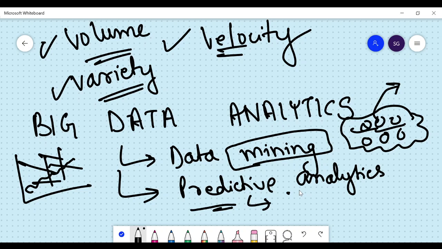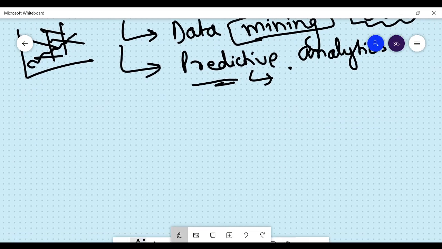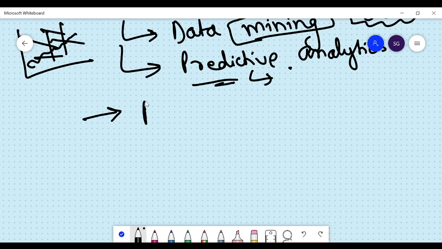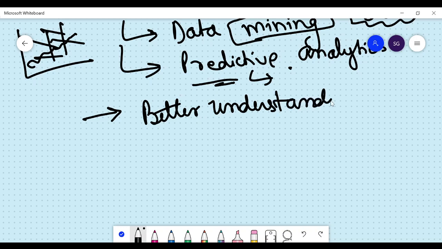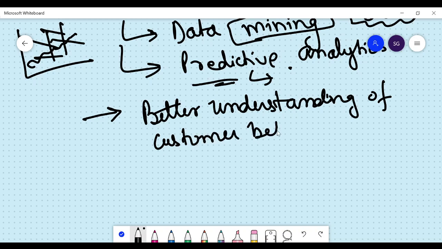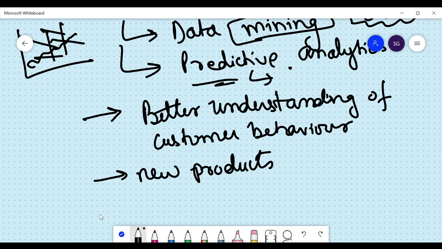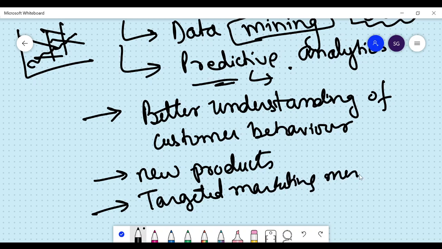Therefore, big data analytics could result in performance improvements in the following areas: better understanding of customer behavior, helps to plan or identify new products or services, helps to make targeted marketing messages and decision making.